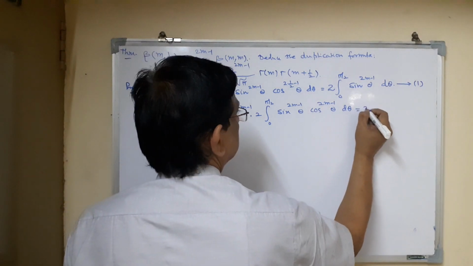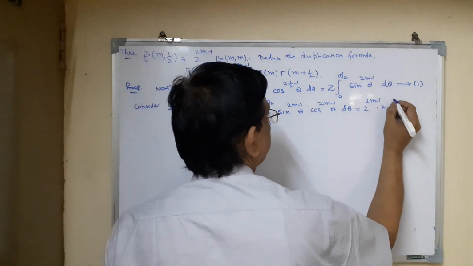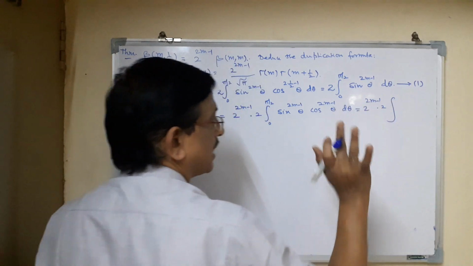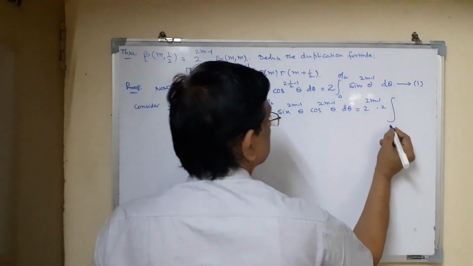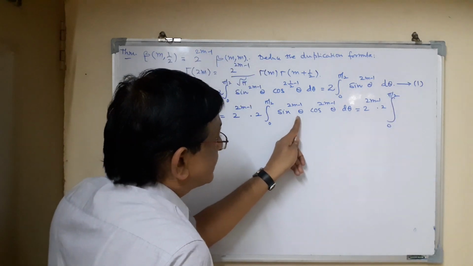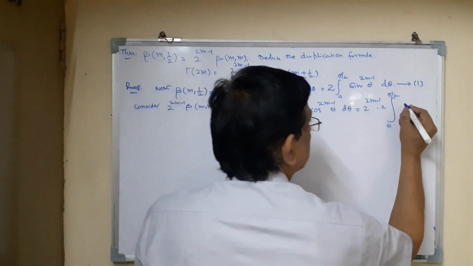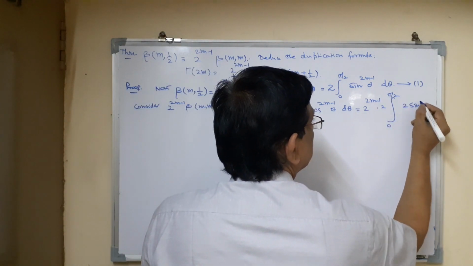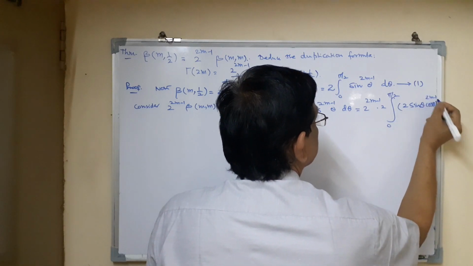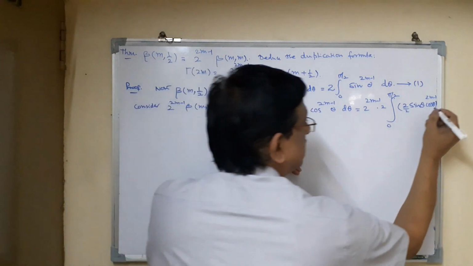This is equal to 2 power 2m minus 1 into 2. I am not going to simplify this, I simply want to leave it like that. Integral 0 to pi by 2. Look at this, this is sine theta cos theta power 2m minus 1. So I want to supply 2 here: 2 sine theta cos theta power 2m minus 1. I have to divide by 2 inside of the bracket, d theta.